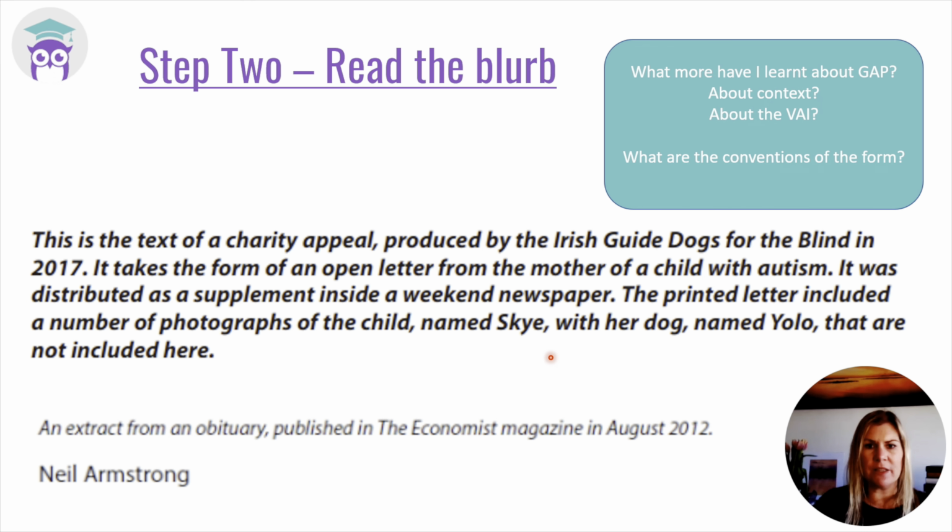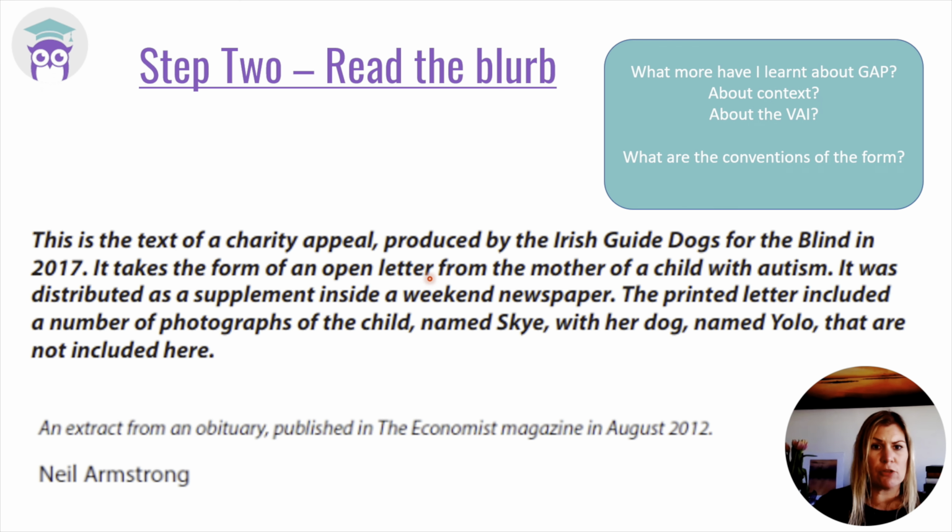So actually we can learn a whole lot more, not just about the genre, audience and purpose, but about context. And we can even start thinking, well, hang on a minute, what are potentially the values, attitudes and ideas going to be? Can we make some judgments there? In terms of your context, if you're thinking about cultural, societal contexts, you might be thinking about the growing focus on neurodiversity. You might be looking at charity appeals and the way that people now charity fundraise.